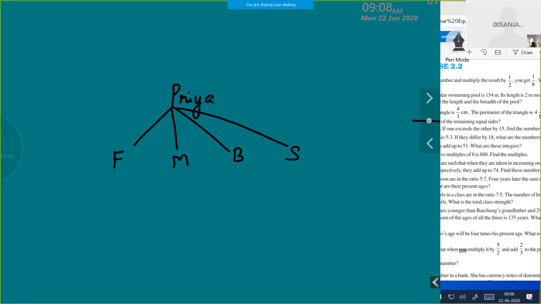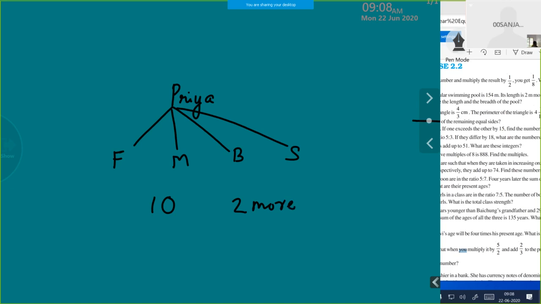So I represent these people as F for father, M for mother, B for brother and S for sister, and Priya is there. Now I say that I gave some chocolates to Priya. Take an example, I gave 10 chocolates to Priya. And I say that Priya's younger sister got 2 chocolates more than Priya. 2 more than Priya. Okay?